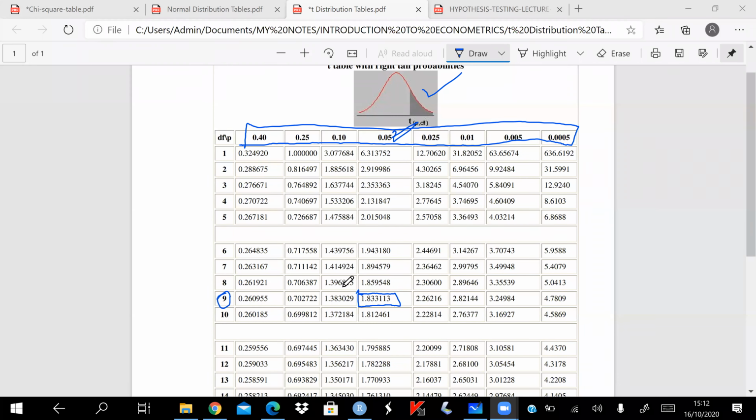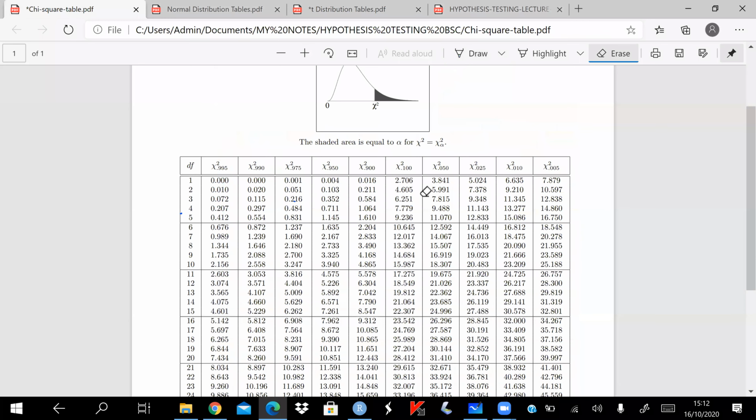So our chi-square distribution tables are here. The upper tail of that distribution is what will be given by chi-square alpha over 2. So this is this value here. And the lower value will be given by chi-square 1 minus alpha over 2.